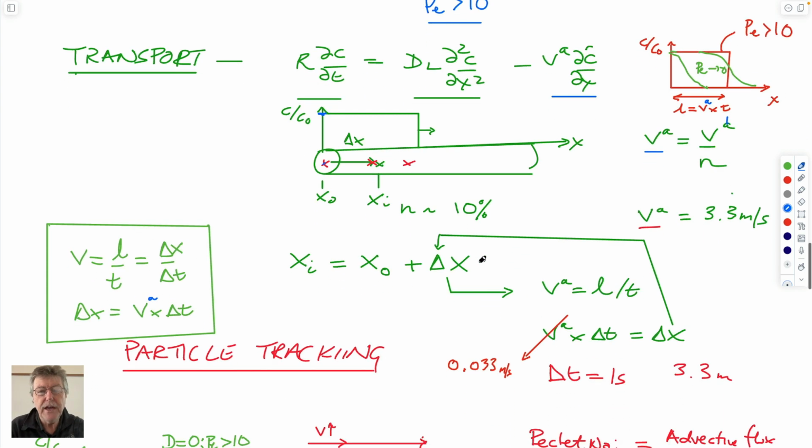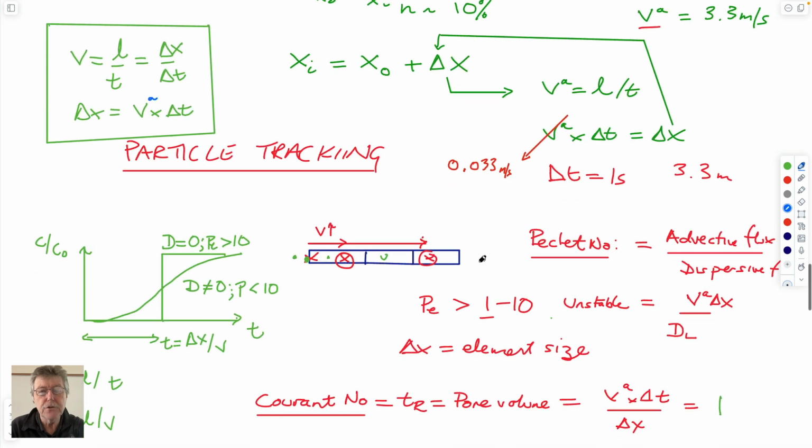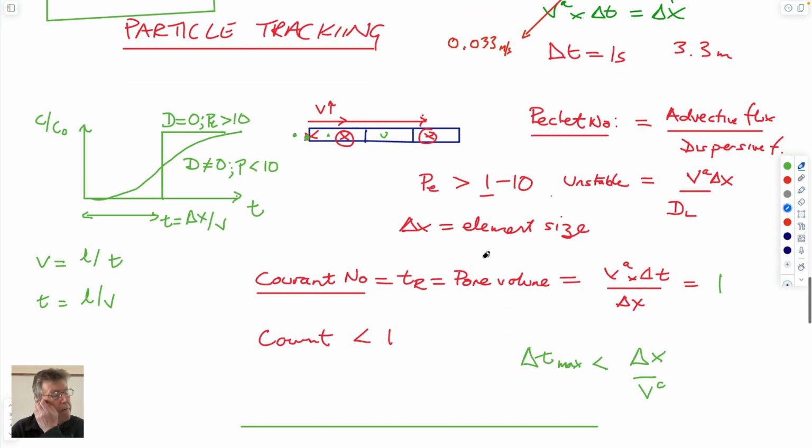The only other thing you have to worry about, in terms of solving these advection dispersion equations, we talked about two parameters. Peclet number, which we just talked about. We've said it only works well if the numbers are less than 10 if we use so-called Eulerian methods.